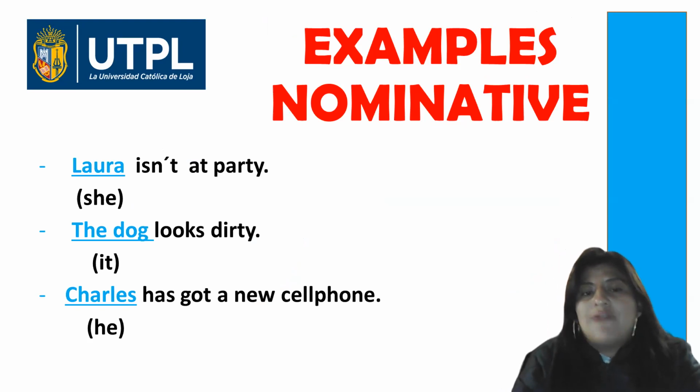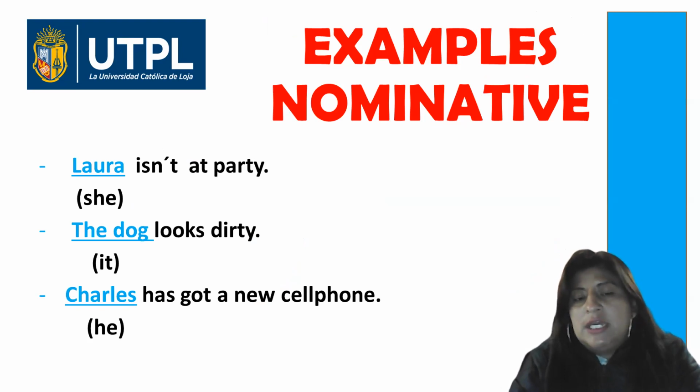I wrote some examples about nominative case. In this case, we have Laura isn't at the park. Laura is the subject, and it is nominative. Laura we can replace with the personal pronoun she, that is singular. The dog looks dirty. The subject is dog, replaced with it. This is nominative.